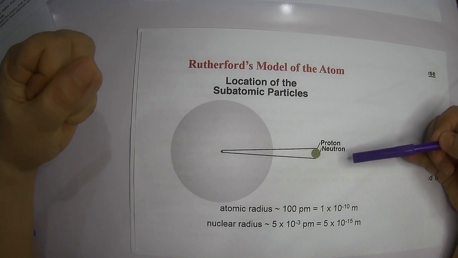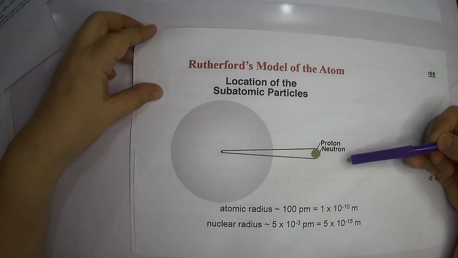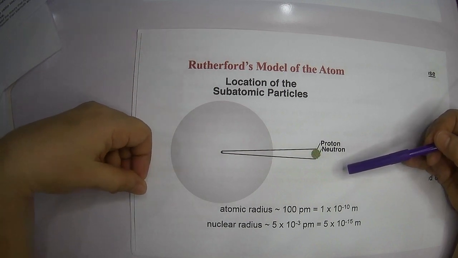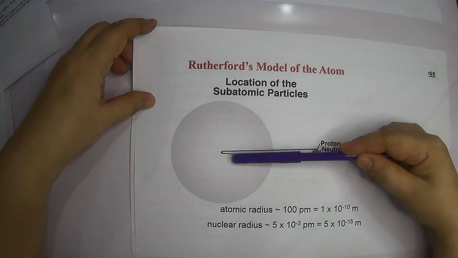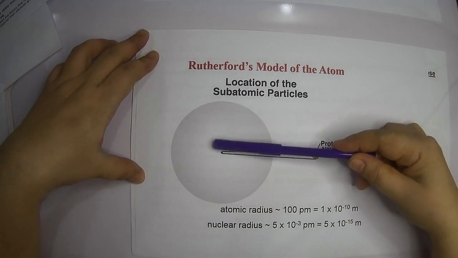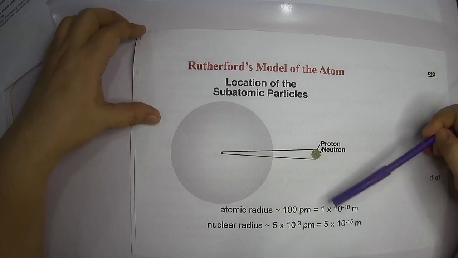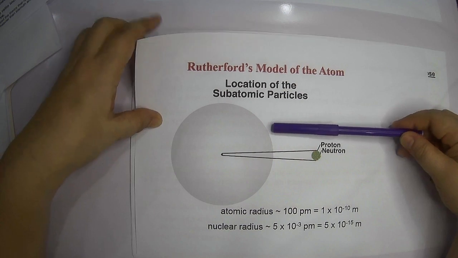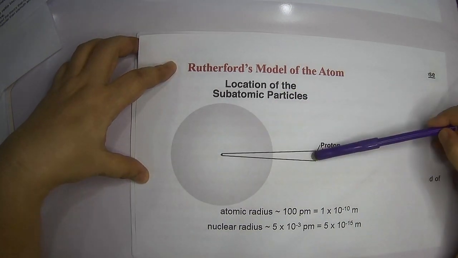You expected, based on Coulomb's law that like charges repel, that protons will repel one another, considering that they are close to each other, given their size in the nucleus. That is a very small portion of the total volume of the atom. See the comparison of how small the nuclear radius is compared to the atomic radius.